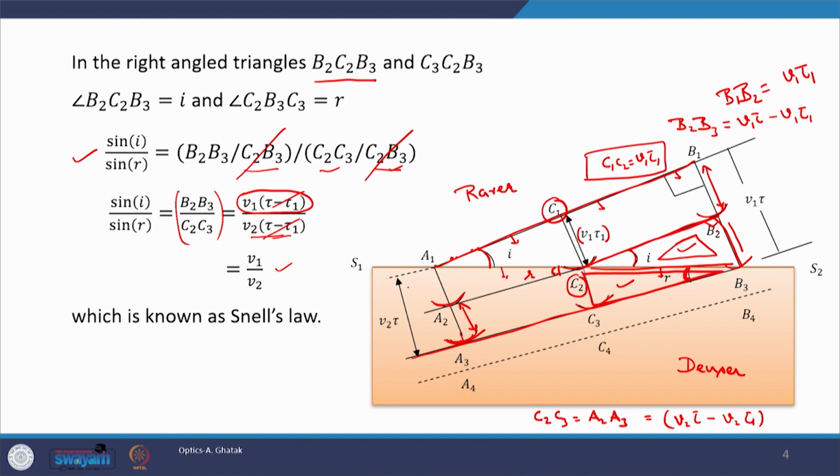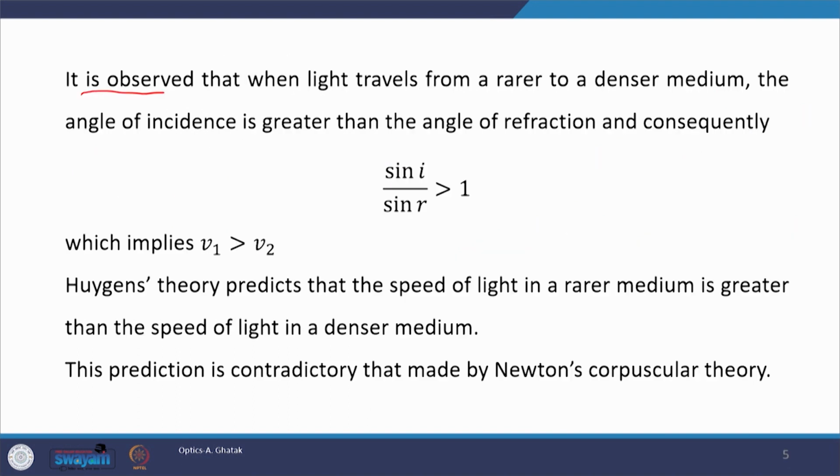This distance V2 tau would be smaller than this distance V1 tau, and therefore r would be smaller than i. Angle of incidence would be larger than angle of refraction. From the geometry we can get this information.